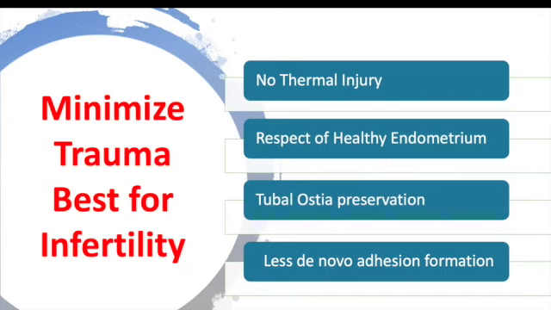You work only where the damage is, and because you can work very close to the tubal ostia, you are not afraid of damaging them and so impairing the fertility of the patient. But the real big advantage of mechanical resection of intrauterine pathology is that probably we are building less surgical adhesions, so less de novo adhesion formation, and this is why we think that especially for infertility patients, the shaver should be chosen as the first choice procedure.